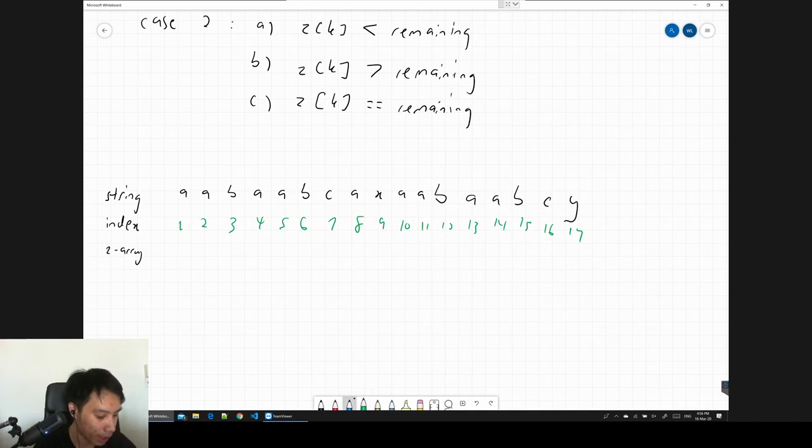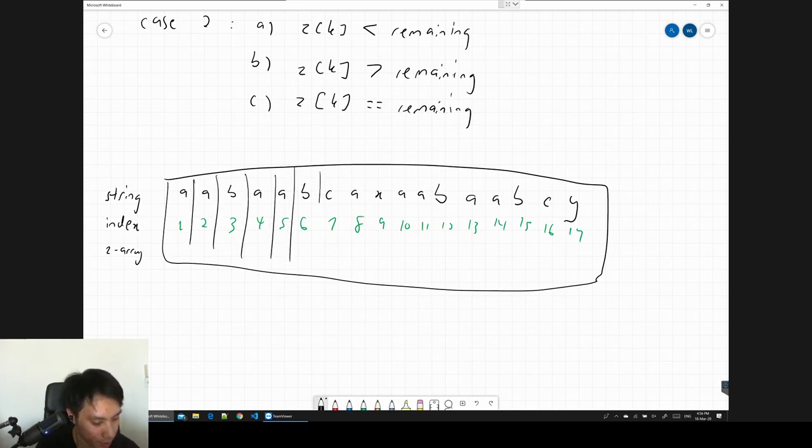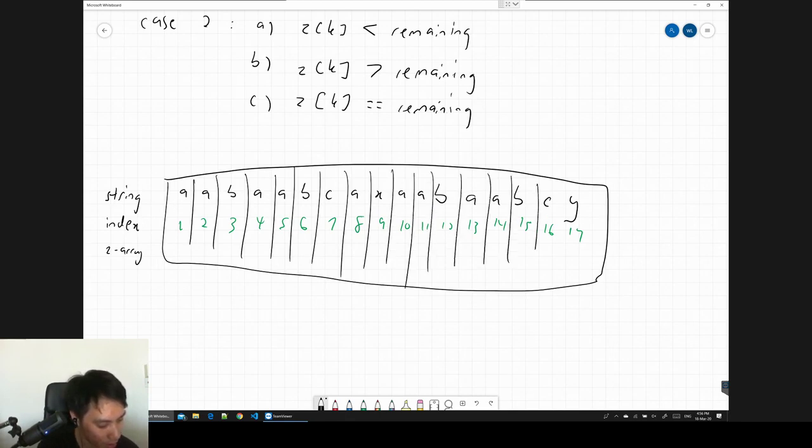Right? And I will draw out a boundary box so we can see it so much easier. Okay, pardon my drawing. I have issue drawing straight lines.